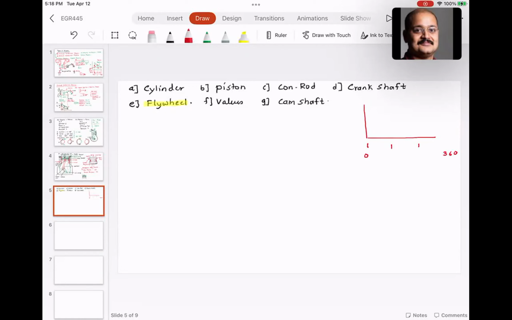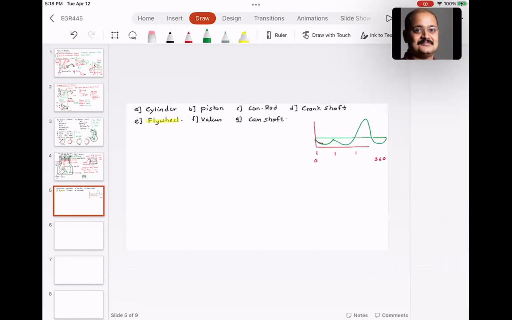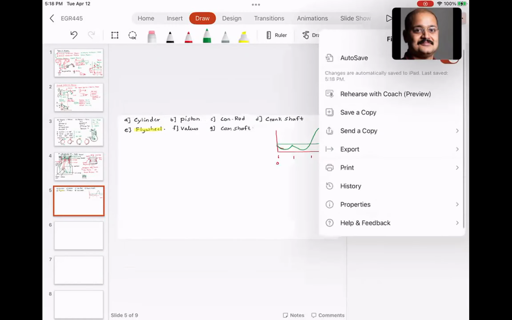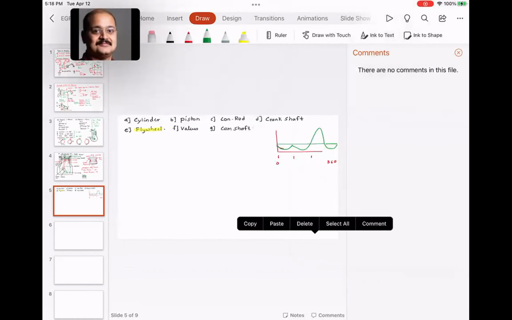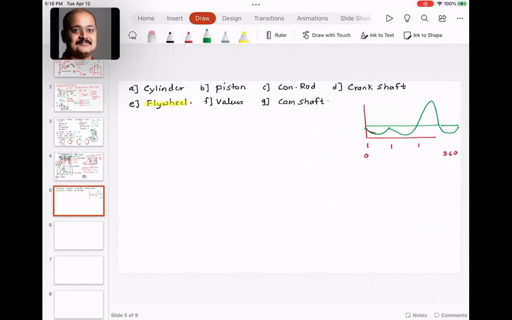So suction is going to take power, compression is going to take power, only the expansion is going to give power, and then exhaust is going to take power. So as you go through this power cycle, this is negative work, negative work, negative work, and this is where the power is coming out.